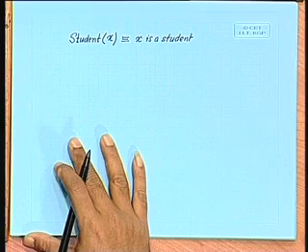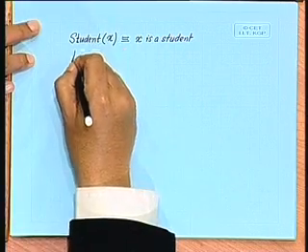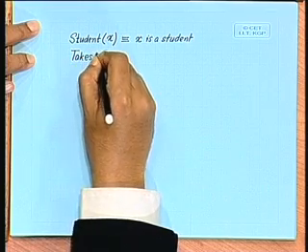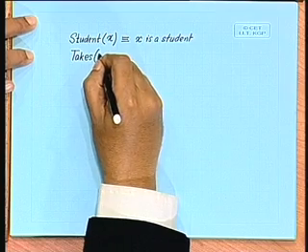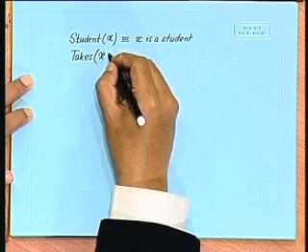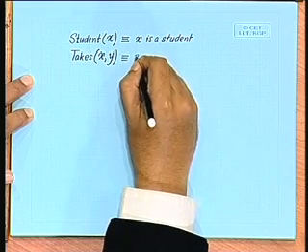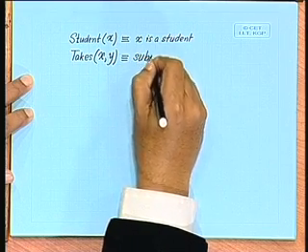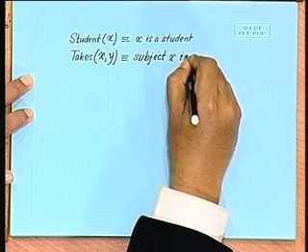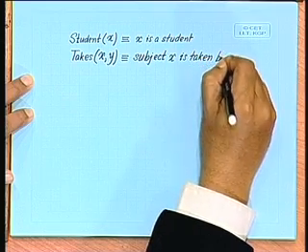Then we can have a predicate which says who takes what subject, takes x y, which says subject x is taken by y.